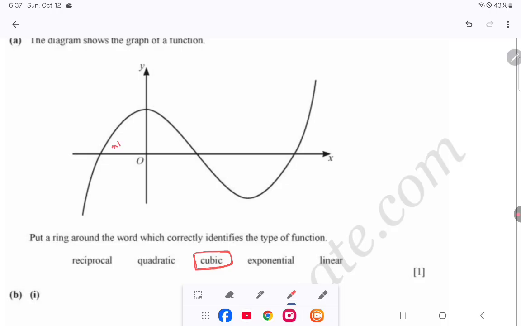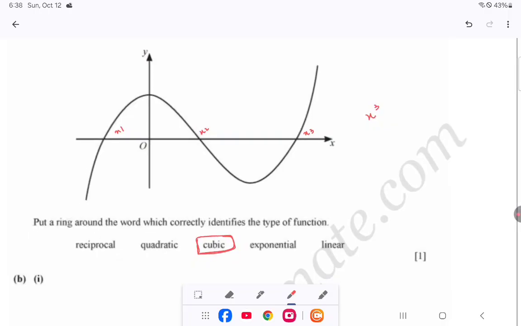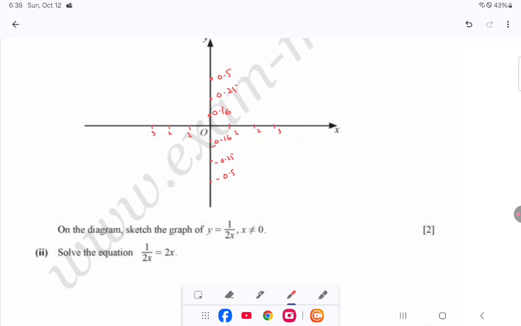So x is intercepting 3 times, x1, x2 and here is x3. So it is a cubic equation with an x to the power of 3 involved in the function.